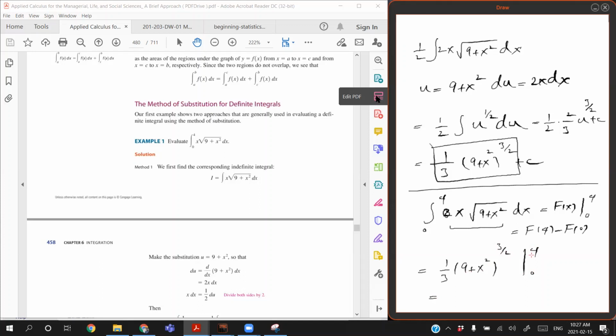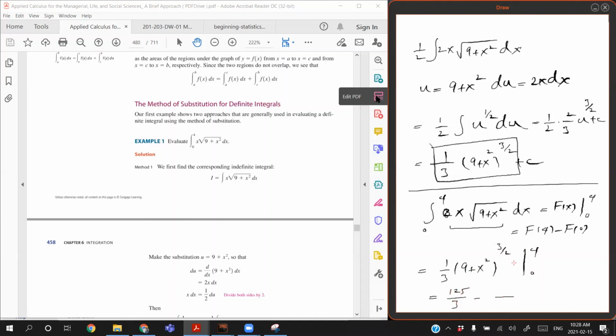If I plug in 4 into this, let's see what happens. 4 squared is 16. 16 plus 9 is 25. Root 25 is 5. 5 to the power of 3 is 125. So 125 over 3 minus.